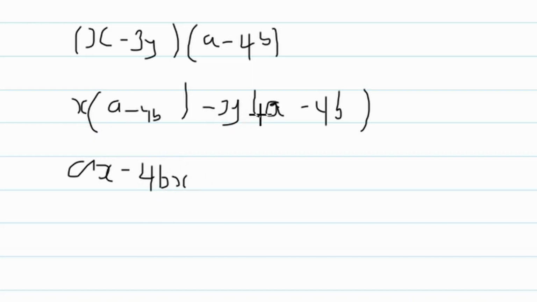Then here minus 3 multiplying 1 is going to give me minus 3ay. Then minus times minus will give you positive. Alright, so that is very interesting. So positive 12. And then I have y and b, so I'm going to have by. Then after that we look through if there are like terms. If there are no like terms, then it means this is our expansion to this particular question.